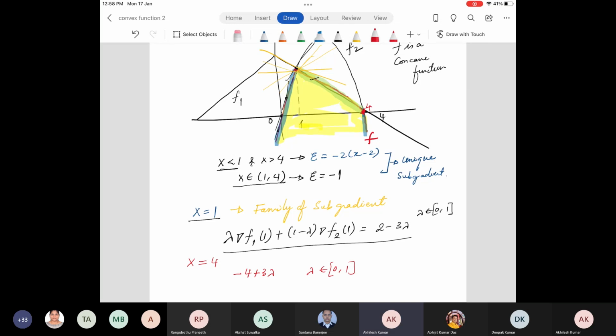Is the subgradient clear? Yes, sir. If you have any question, please let me know. Otherwise, actually, it is already over.